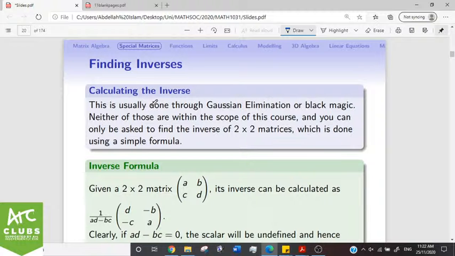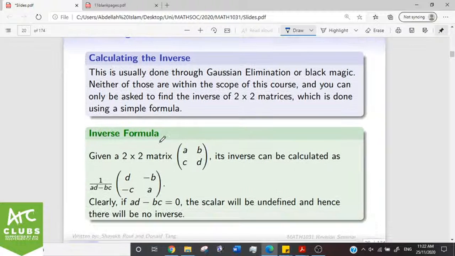So how do we find inverses? Okay, let's have a look. We usually use this thing called Gaussian elimination, which you've already seen throughout the course. Or black magic, I guess, which is just like further maths. But you don't need to worry about that, because in this course, you're only ever going to be asked to find the inverses of 2 by 2 matrices.